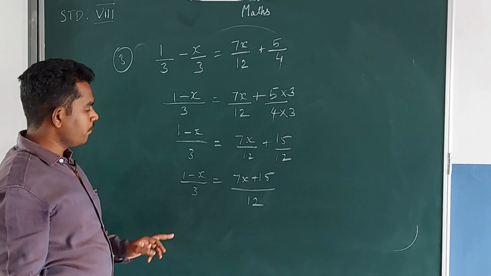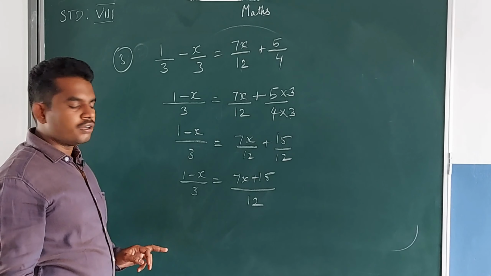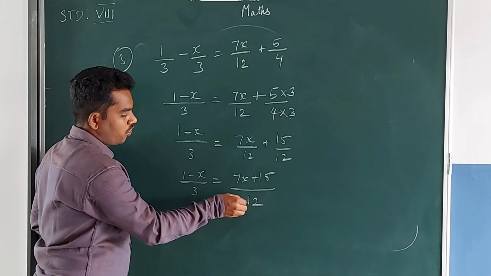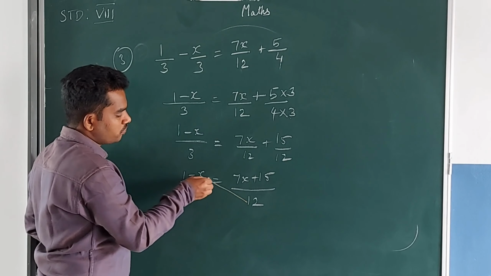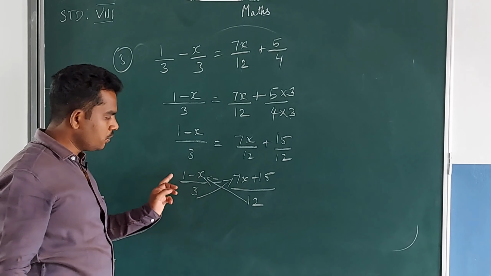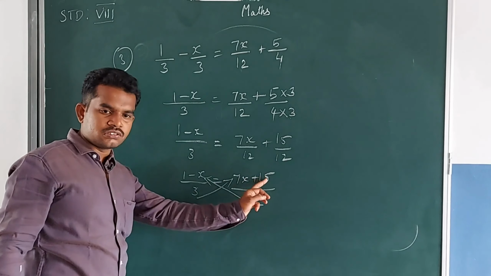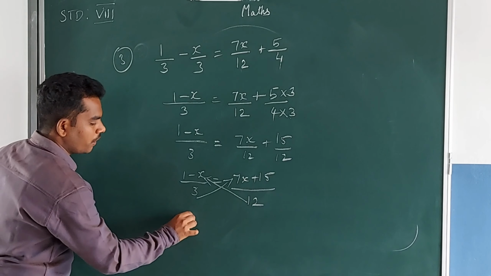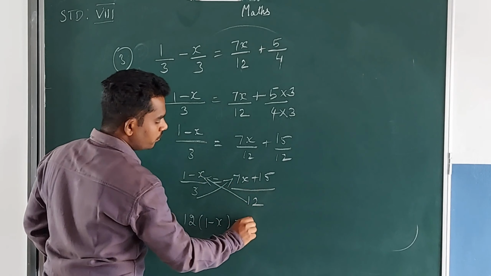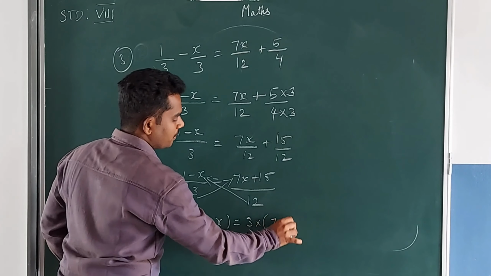So, in this step you should do cross multiplication, here also cross multiplication. So, 12 into this term, 3 into this term. Okay, write 12 into 1 minus x equal to 3 into 7x plus 15.